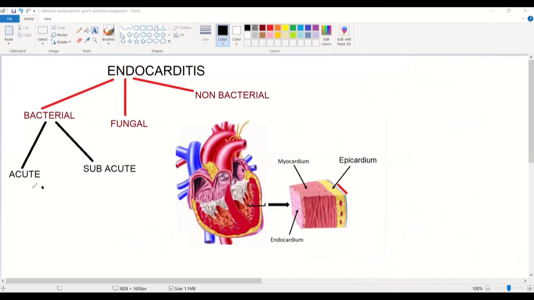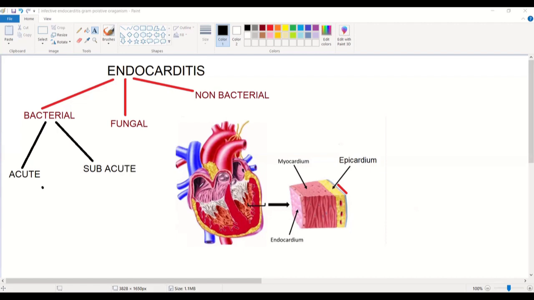So what is a septic emboli? A septic emboli is basically when this vegetation may dislodge into any vessel and block it, and may lead to the infarct of the area that is supplied by that vessel.